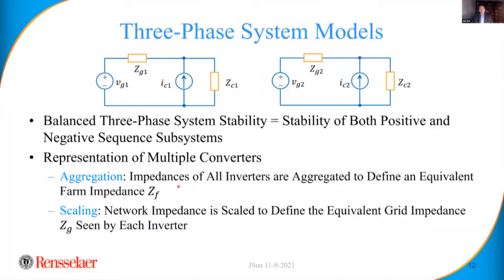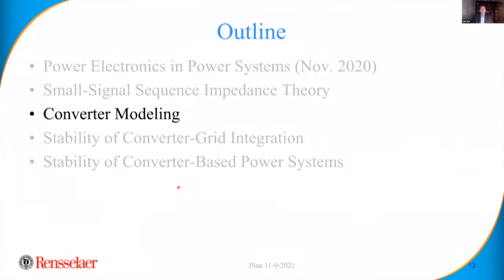Otherwise, the aggregation would be more convenient to do. So with this simple model, we can actually study many different systems, including larger wind farms and PV farms connected to the grid. HVDC transmission certainly involves one converter at one end, so that's easy to model by this method. Right, so that's the theory. Now, to support that, we need to build converter models for different applications.